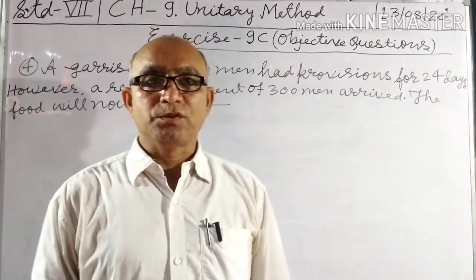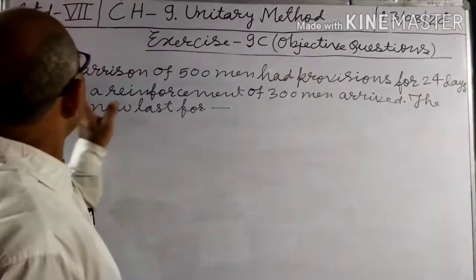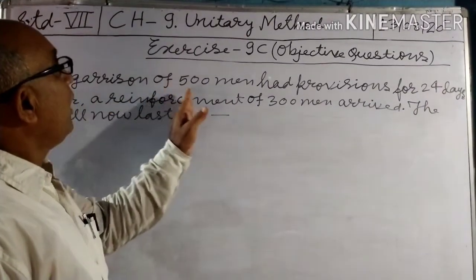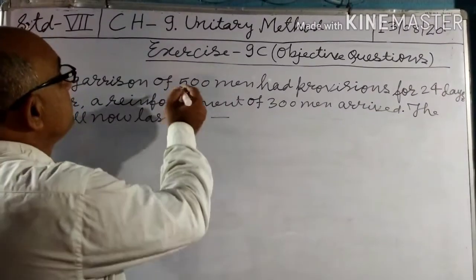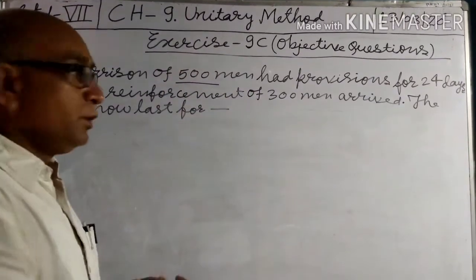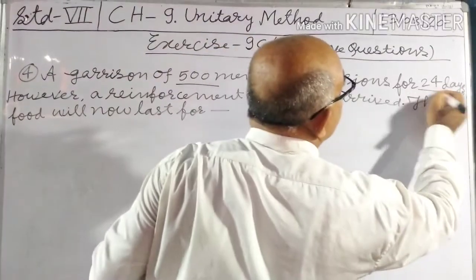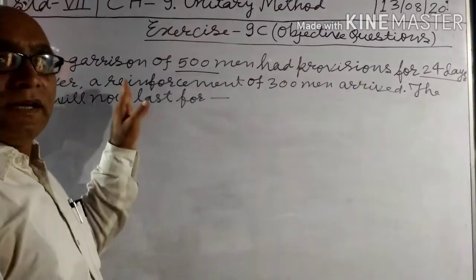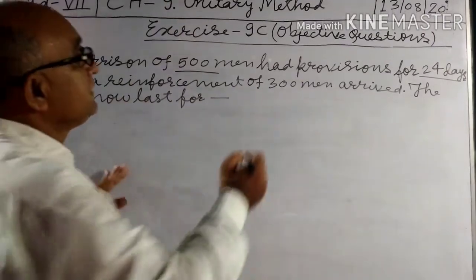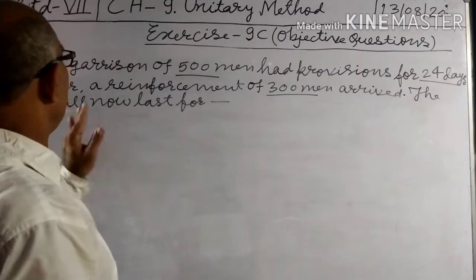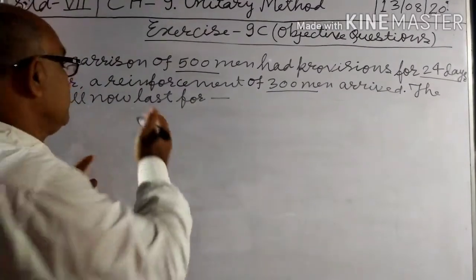Students, next question, question number 4. A garrison of 500 men had provisions for 24 days. However, a reinforcement of 300 men arrived. The food will now last for how many days?